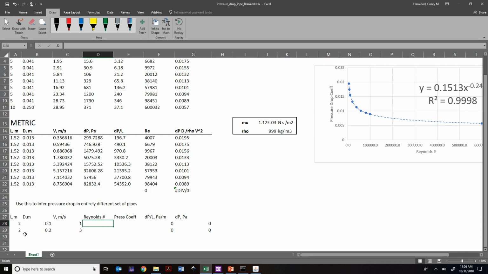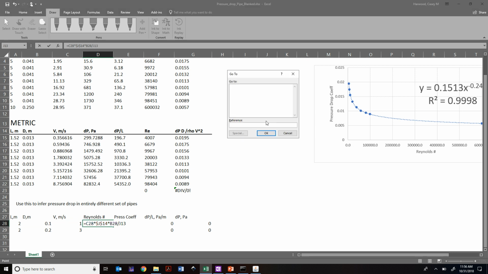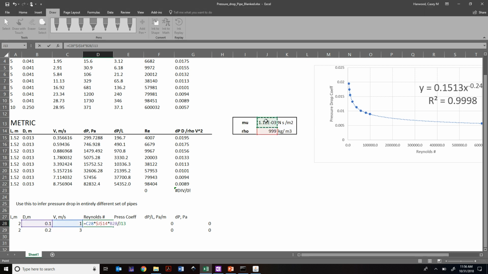So Reynolds number is velocity times density times diameter divided by viscosity.